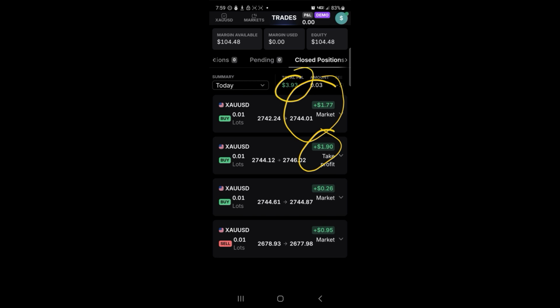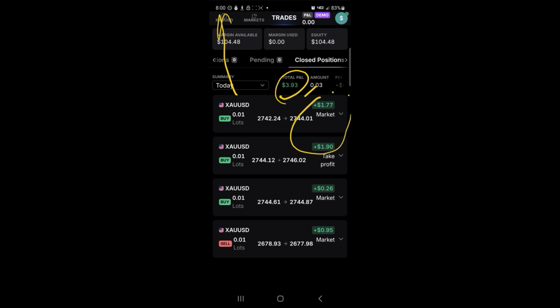That's 93 cents above our target. We are done trading for the day. It is 8 a.m. We have been trading for just under 30 minutes, and we hit our target of $3 with 2 trades. So we have hit our $3 target for the day on a $100 account.